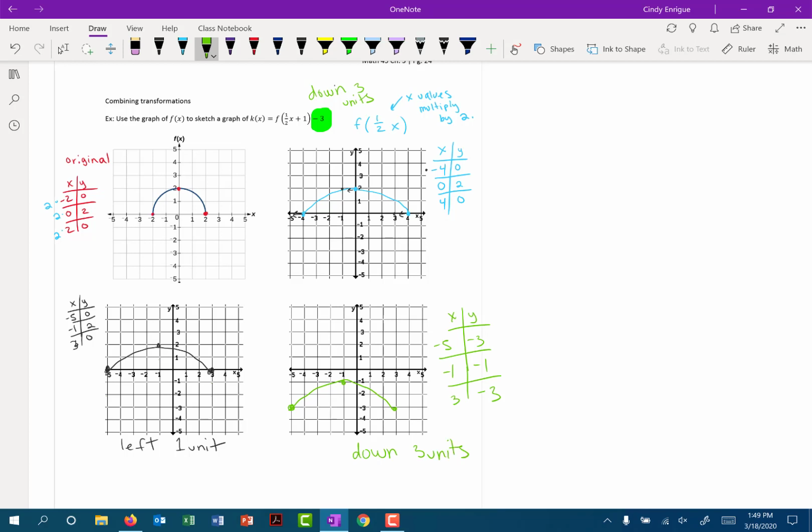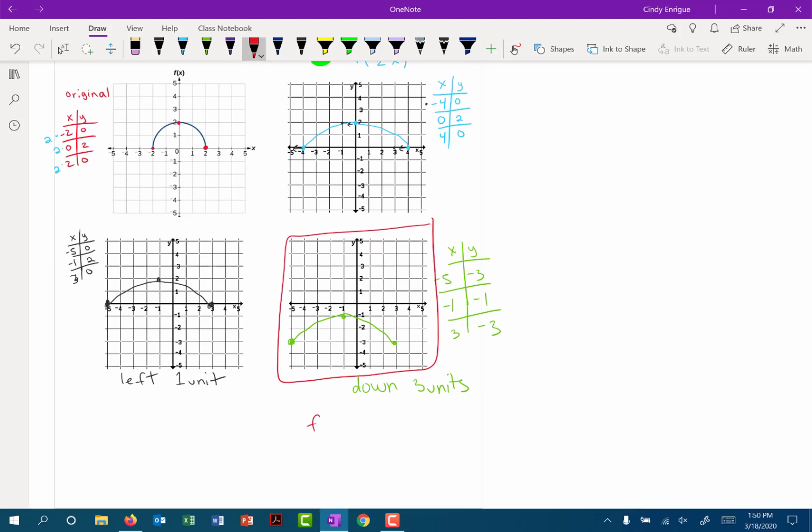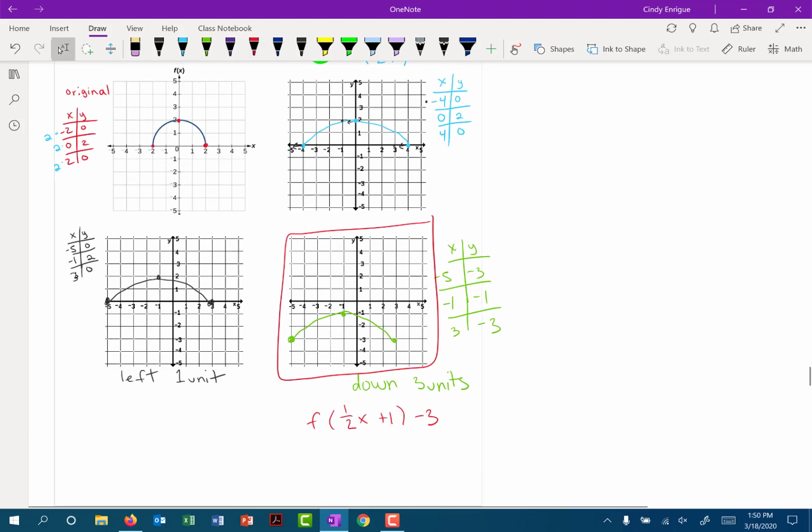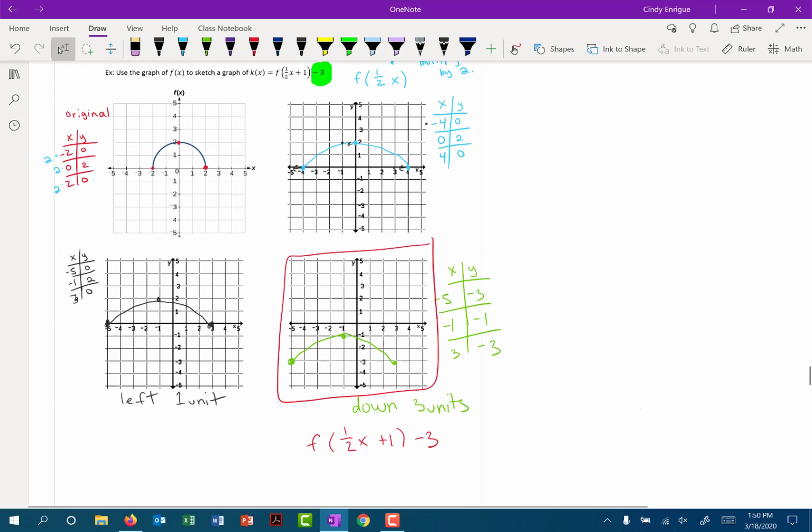So this last graph here is the final graph, which is the f of 1/2 x plus 1 minus 3, meaning that I ended up doing a bunch of stuff to the graph. Okay, I hope that makes sense.